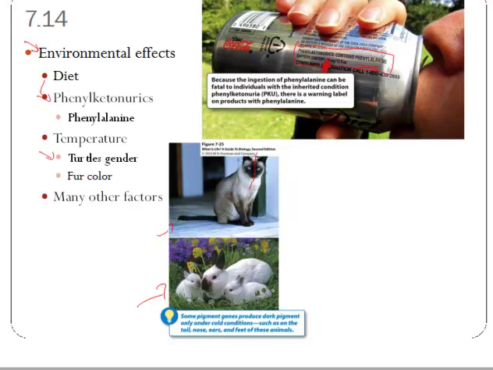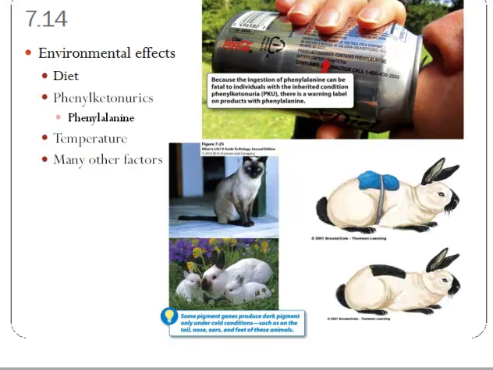You can also artificially do this with the rabbits if you, not continuously, but if you put an ice pack on their back and leave it for a while each day, gradually that hair as it grows in will be dark in color. So you can manipulate the color of these rabbits and actually give them dark patches on their back.